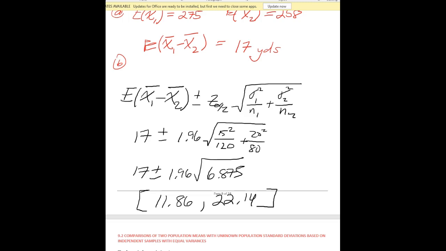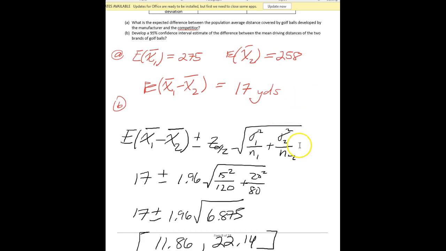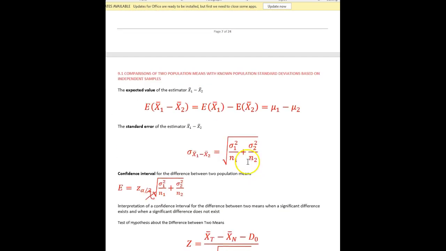Okay, so that's that. So it's just taking the same old z alpha half, like those memorized values that we've had for the 95% confidence interval, taking that and then using our new formula for standard error.